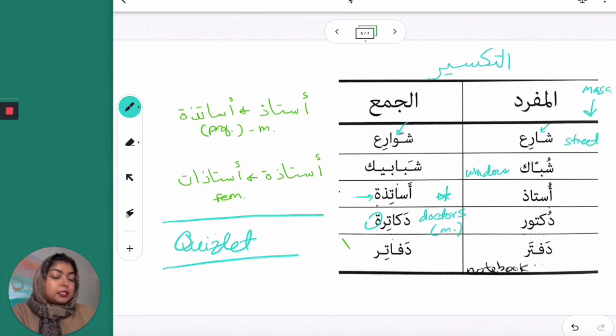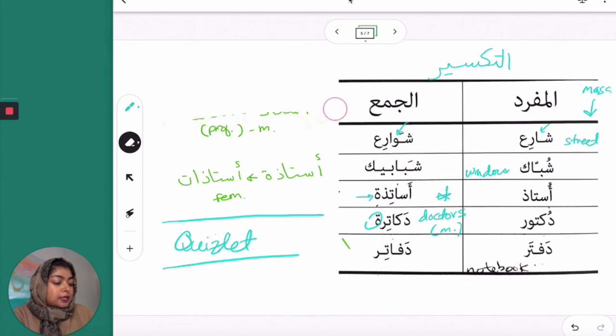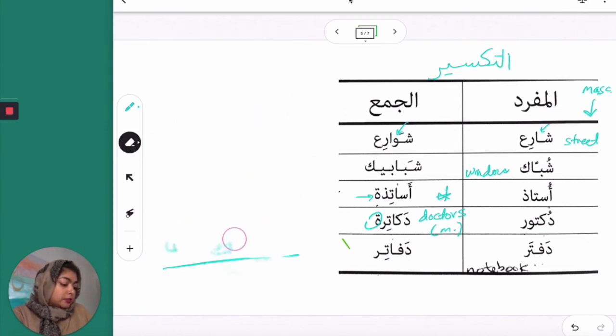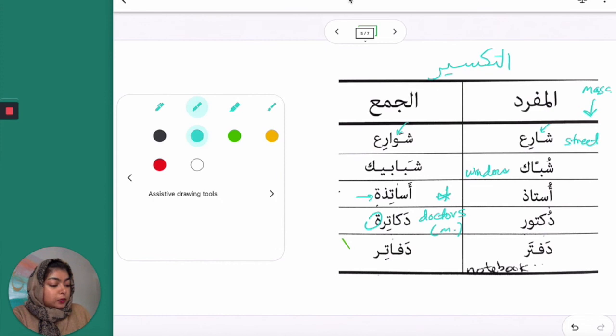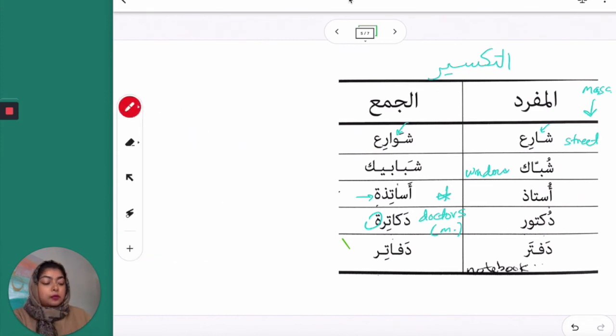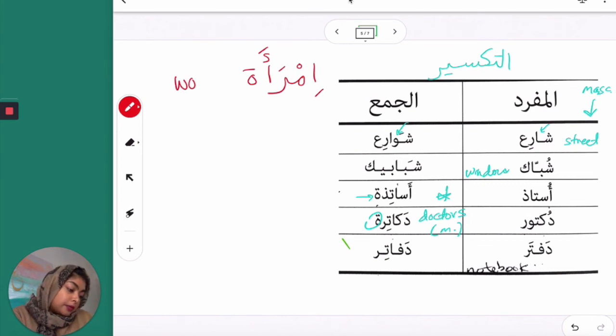Okay, there is one thing that I forgot to mention that I do want to mention here, and it's in your book actually as well. There is one word that is a feminine word. However, its plural form doesn't fit any of these patterns. Okay, and that word is imra'a. And imra'a means woman. You hear the sirens? Okay, imra'a is woman.